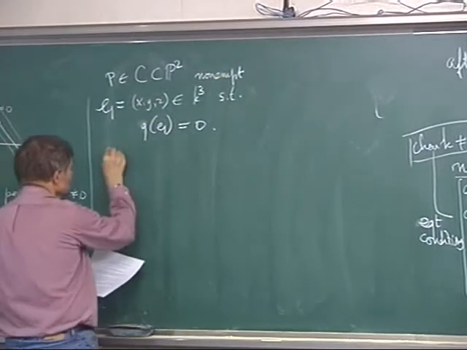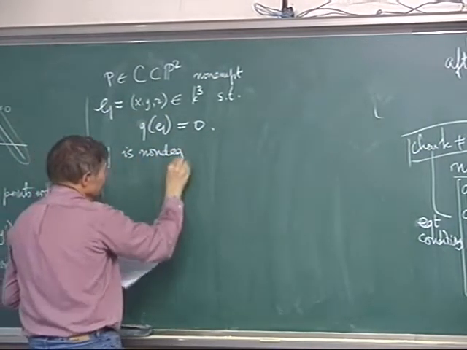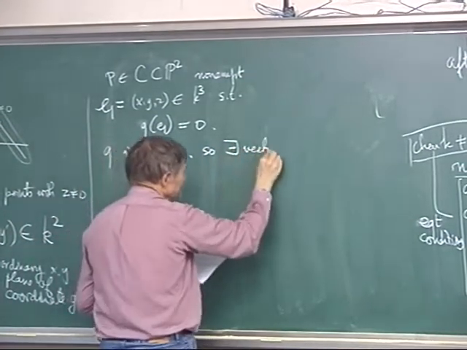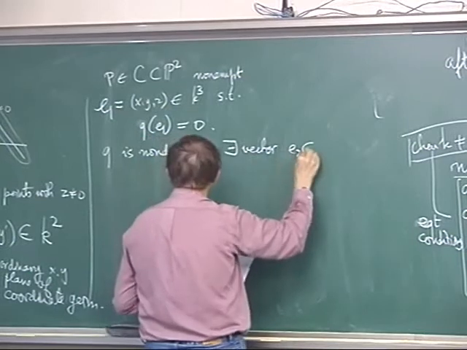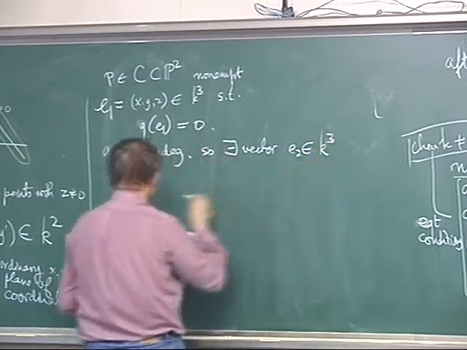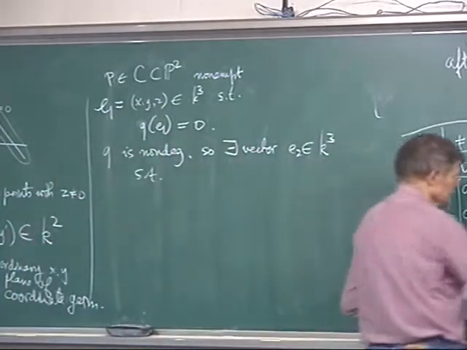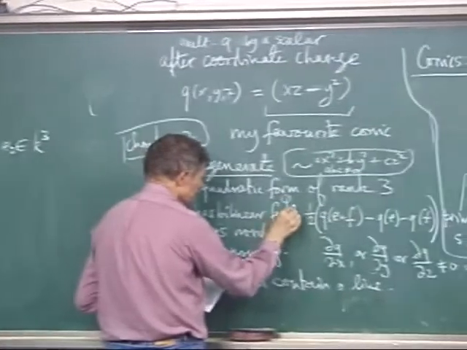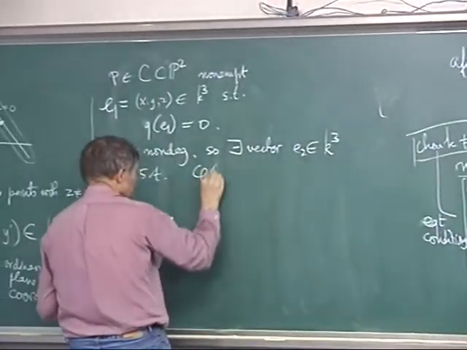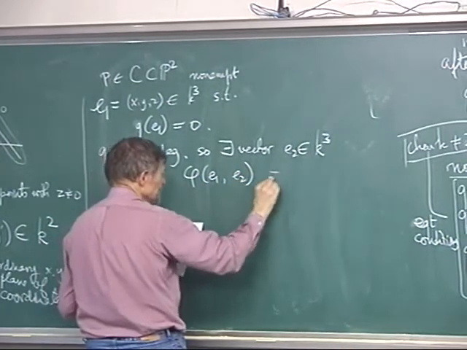And so now Q is non-degenerate. So there exists a vector E2 in K3 such that, let me call this non-degenerate bilinear form phi, phi of E1, E2 is not equal to 0.